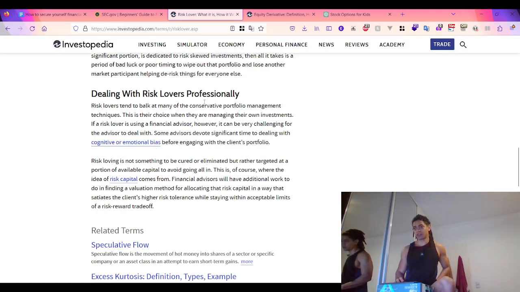Dealing with risk lovers professionally. Some advisors devote significant time to dealing with cognitive or emotional bias before engaging with a client's portfolio.